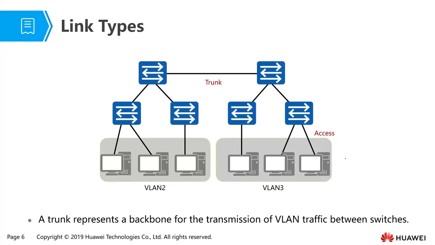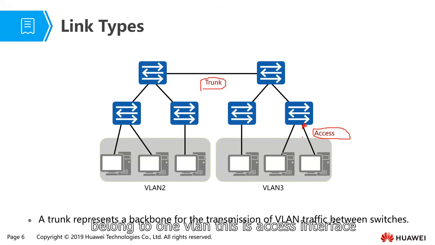Then after this change, the physical links or the interfaces of the switch have different types. First is the trunk interface, and another is the access interface. As we know, if all the frames belong to one VLAN, this is the access interface.